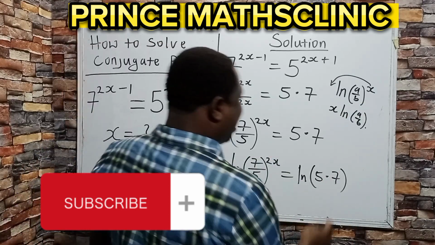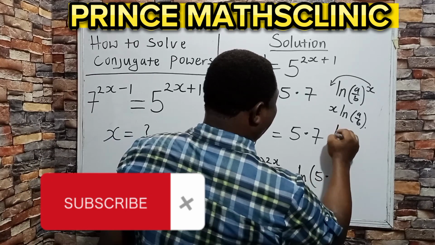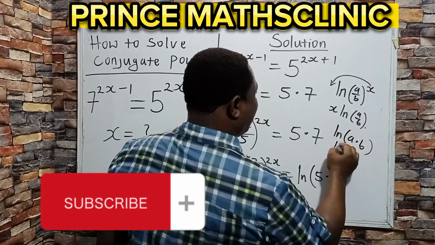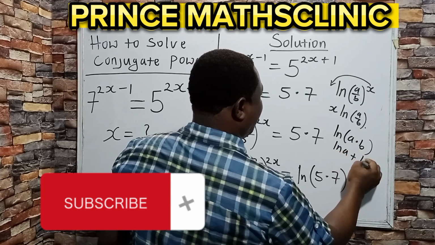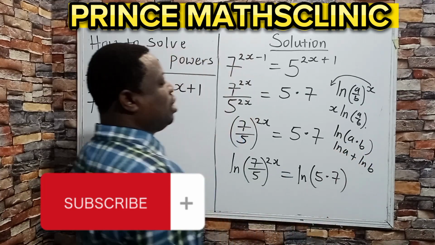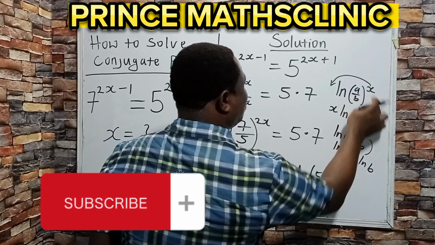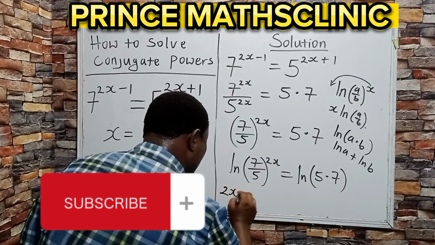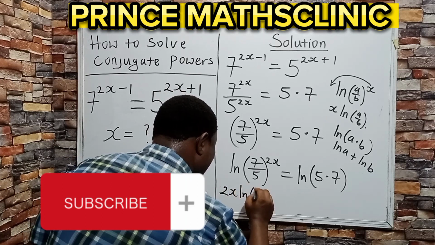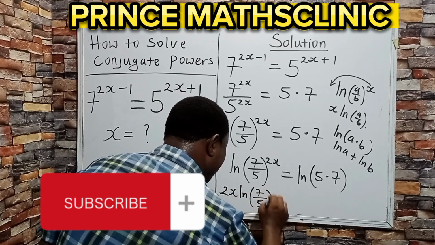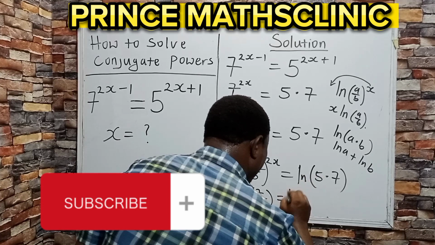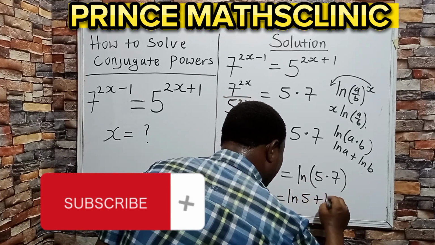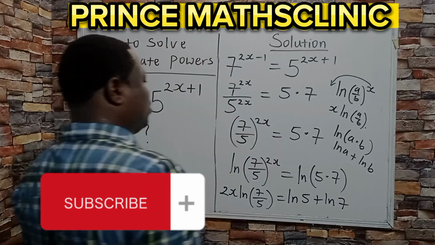And we also know that in that multiplication, if I have ln of A times B, it is actually ln A plus ln B. So applying these two rules here, this will give me 2x ln 7 over 5. And this will give me ln 5 plus ln 7.